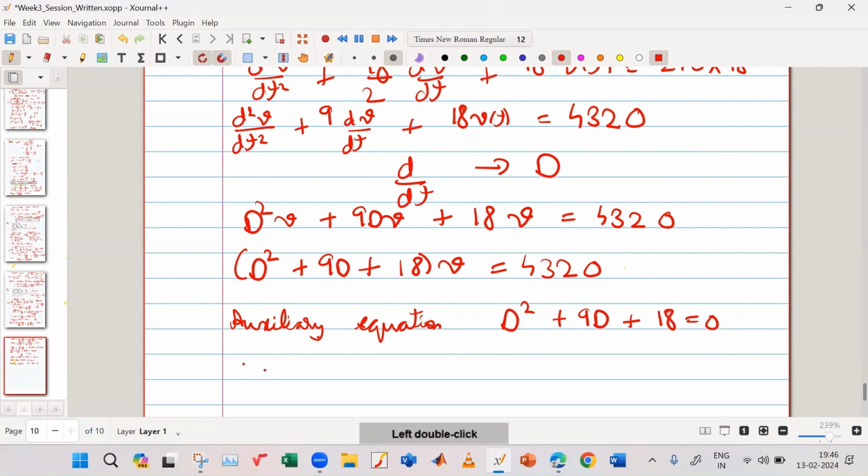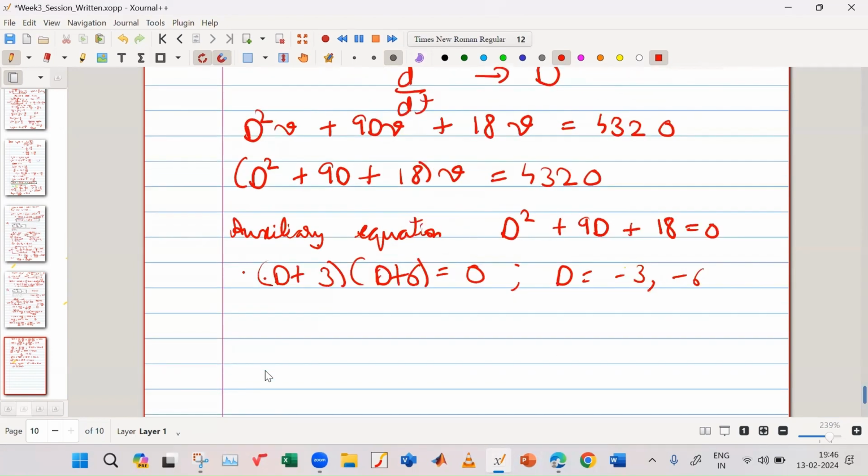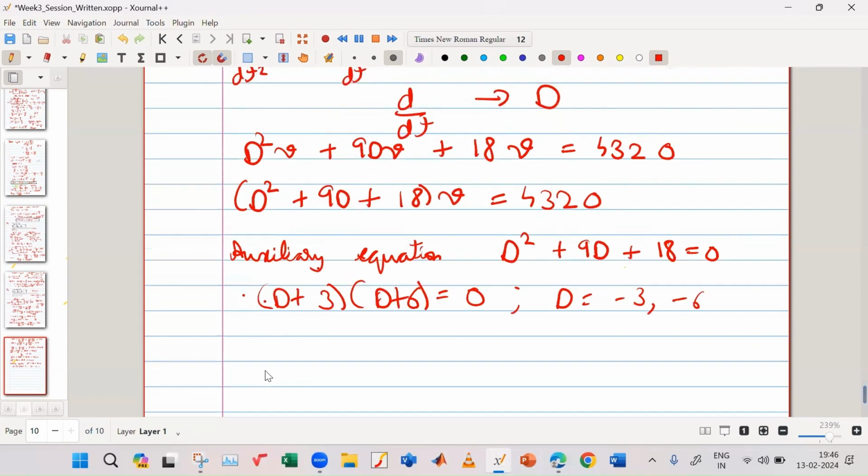That comes out to be D plus 3 into D plus 6 equal to 0. So D is equal to minus 3, minus 6. So you get your natural response, V natural response, is some C1 e raised to minus 3t plus C2 e raised to minus 6t.